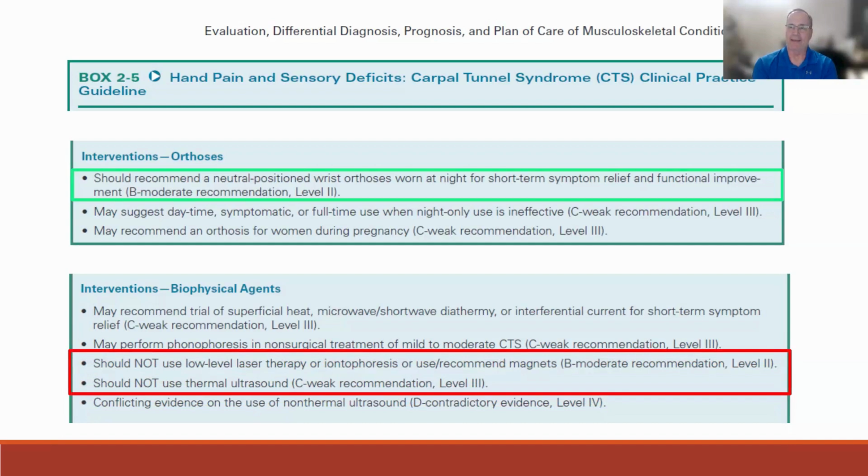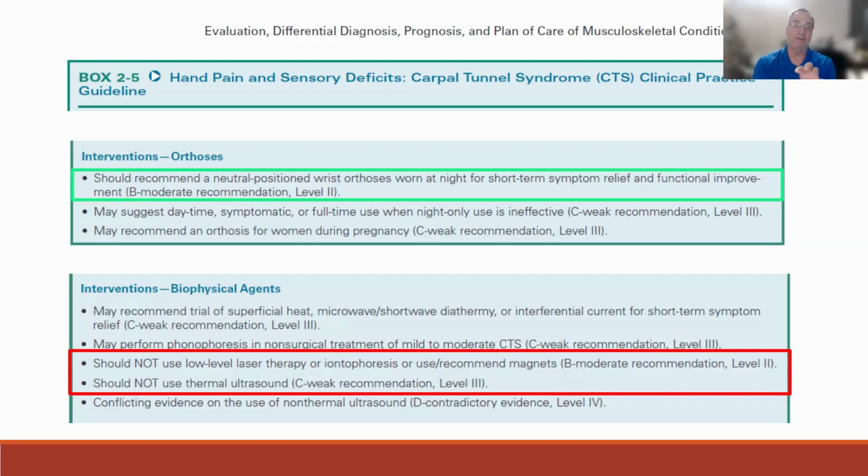As far as the CPGs go, for what we have done in the review and study guide, I believe that most of the questions, if they're based on the evidence, would be based on level 1 or 2 evidence, or grade A or B. And so that's certainly where I would focus my attention.